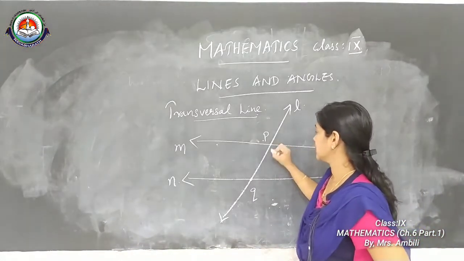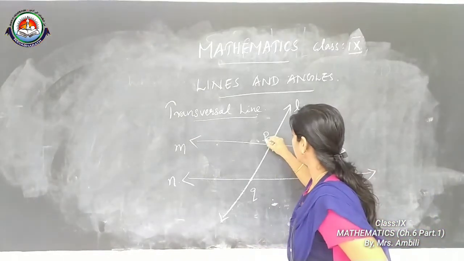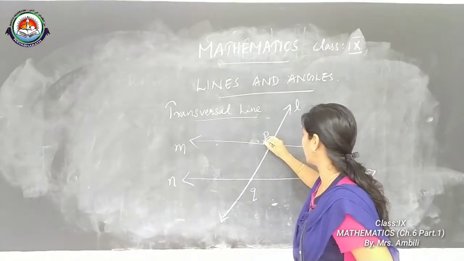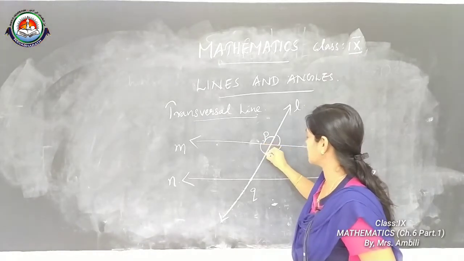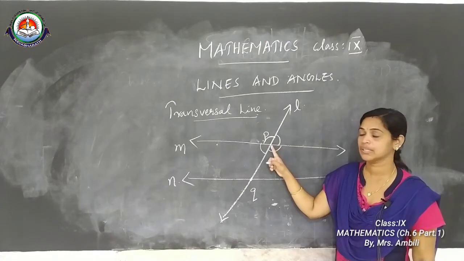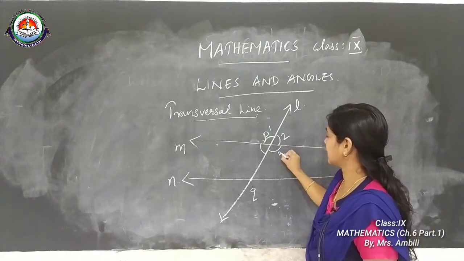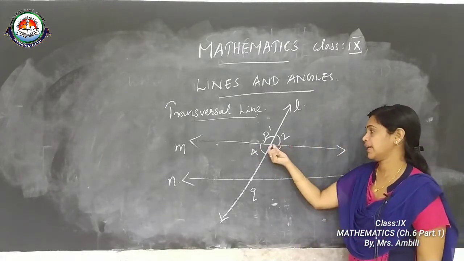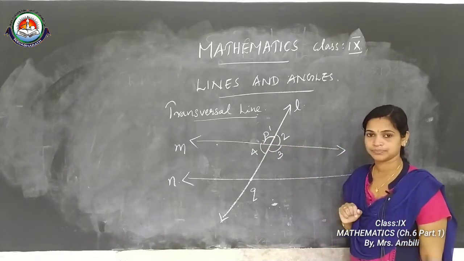At P, how many angles are formed? Angle 1, angle 2, angle 3, angle 4. So, at P, 4 angles are formed.